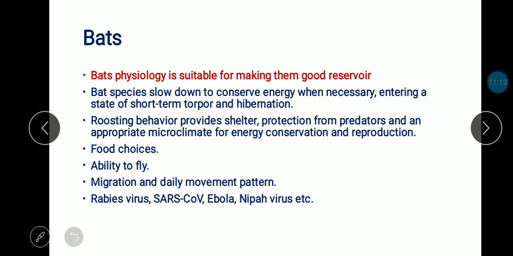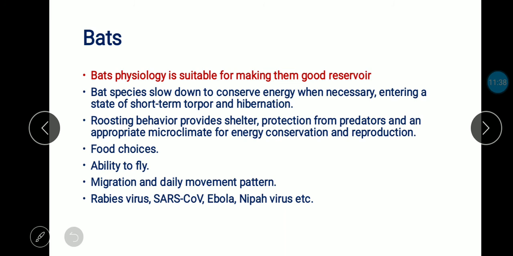At that time, bats enter into hibernation. Another type of behavior is roosting behavior. It provides shelter, protection from predators and an appropriate microclimate for energy conservation as well as reproduction.